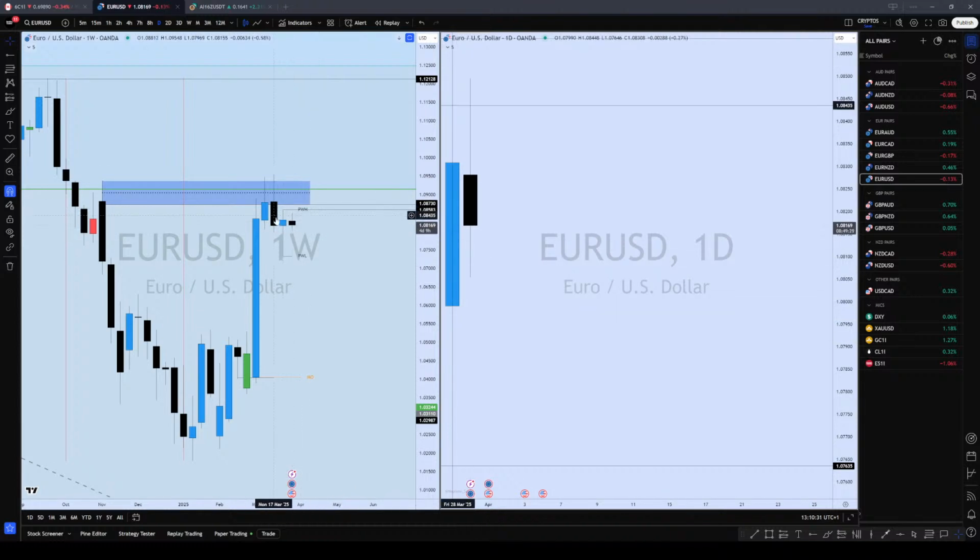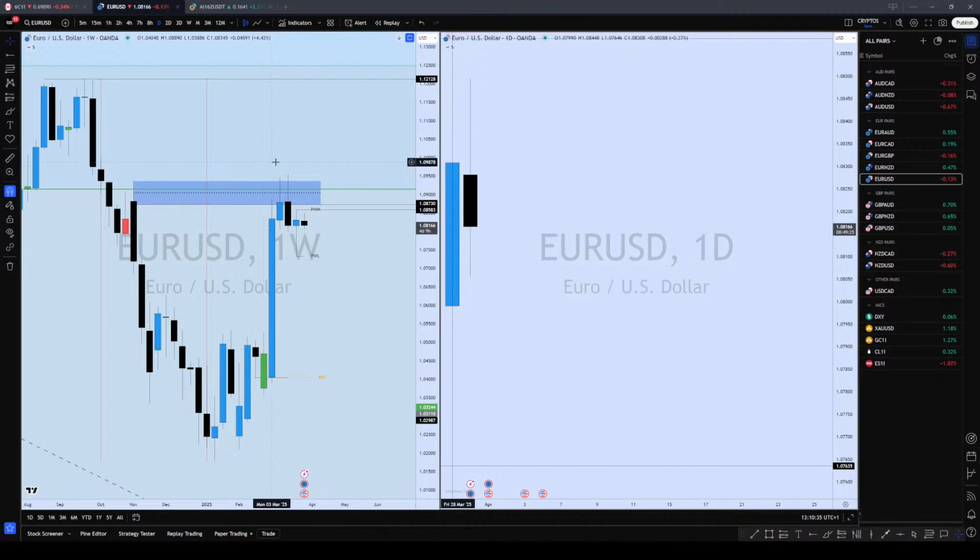So this will be potentially reaccumulation, and they will come back above it. So as the dollar drops for the month of April, you also have the euro going up for the month of April. I don't have, let me see if I can do that.